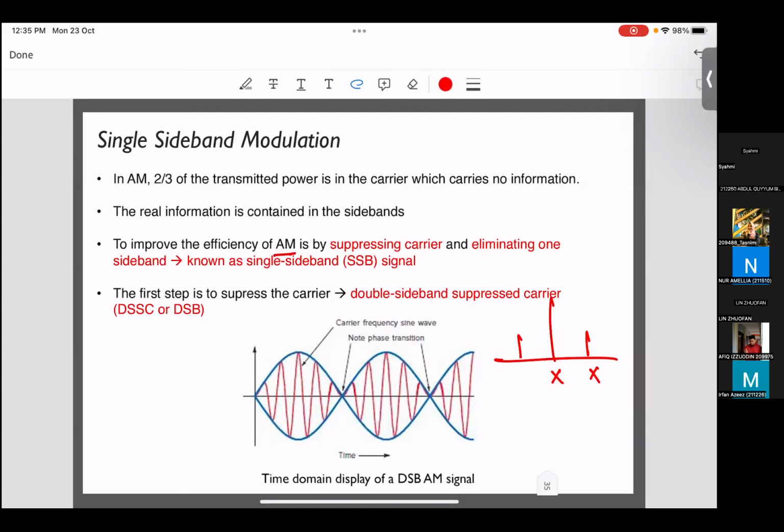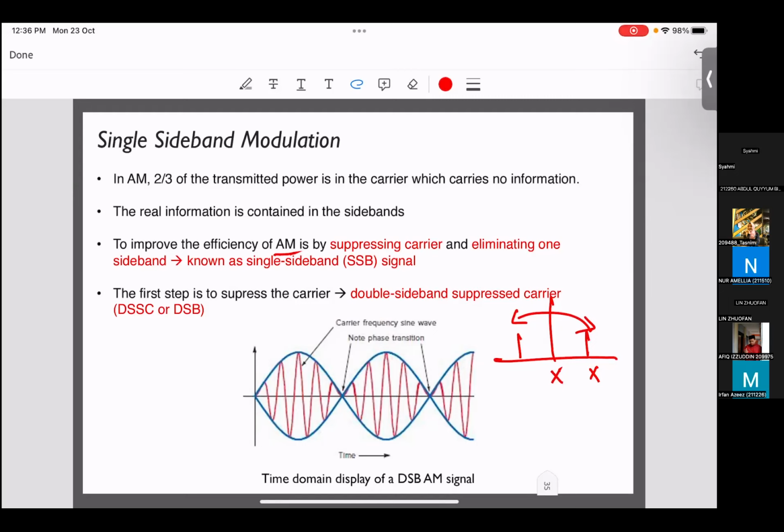Why do I not have to retain both? Because they contain the same information, only their frequencies are different. They are supposed to be identical. So if I can retain only one, I am cutting down a lot of power, which makes my system more efficient.